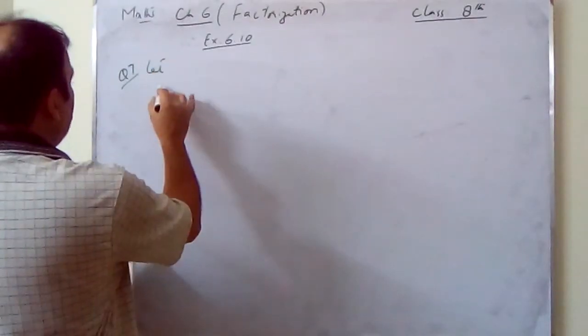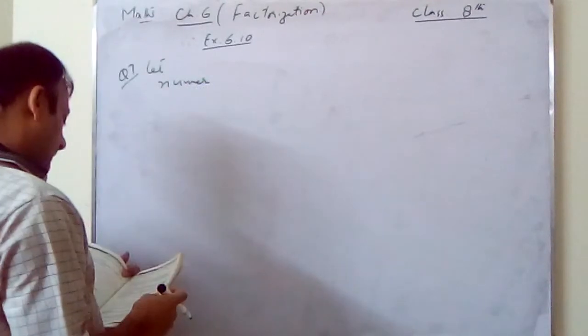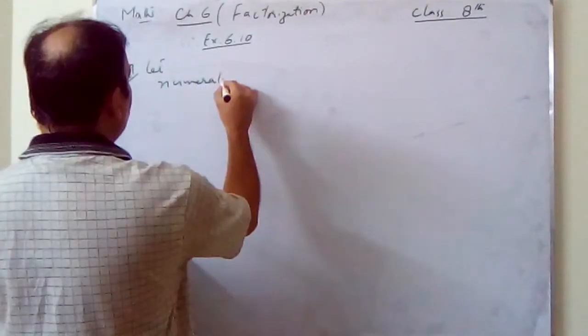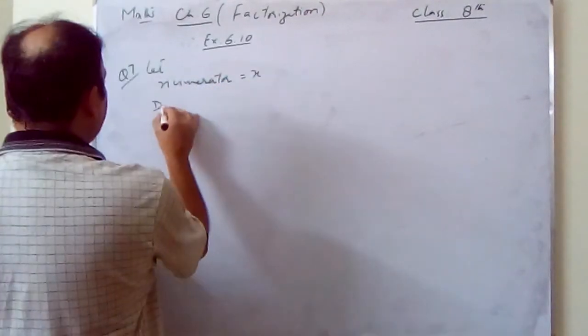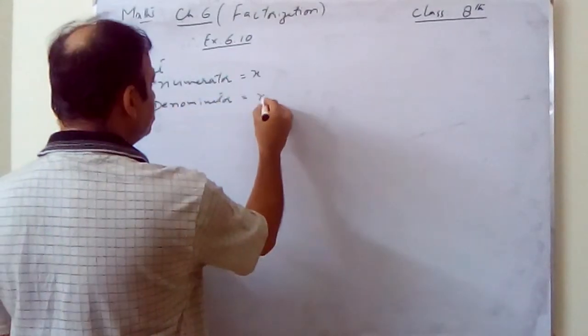So let the numerator be x. So the denominator is x plus 5.